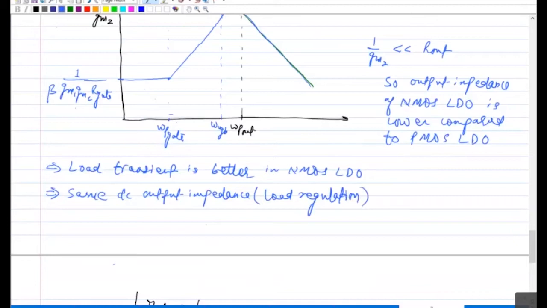Obviously I'm not talking about large signal here, but when you define load regulation, you look at the entire range of the load.